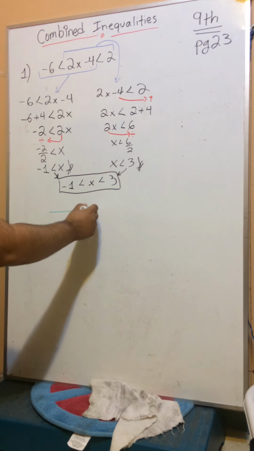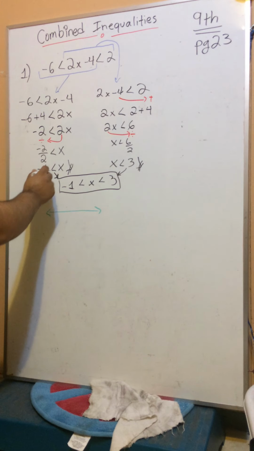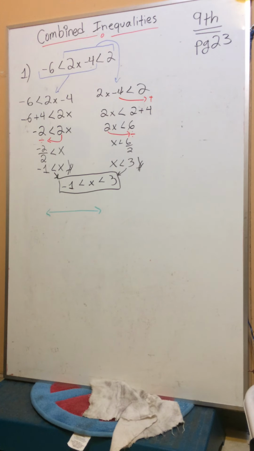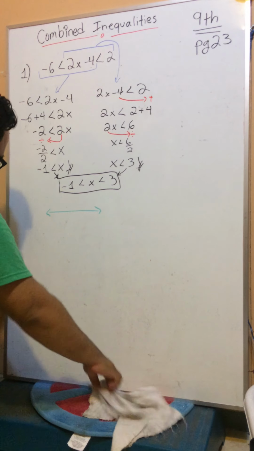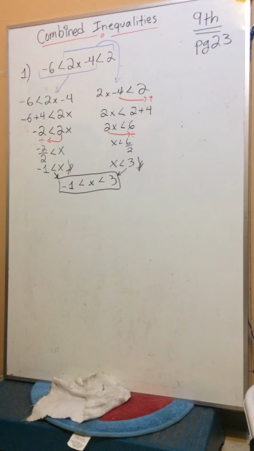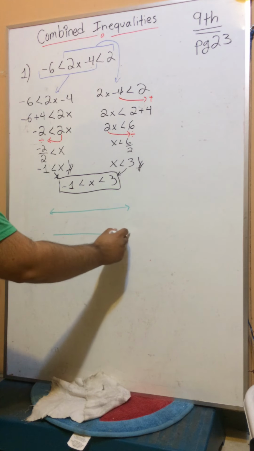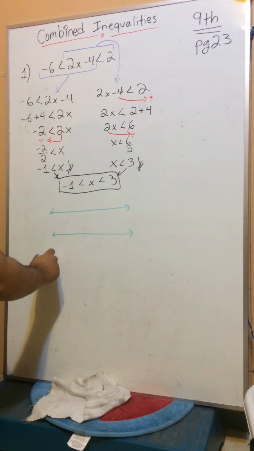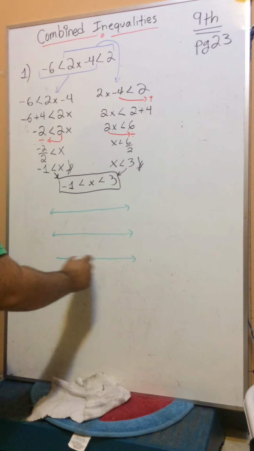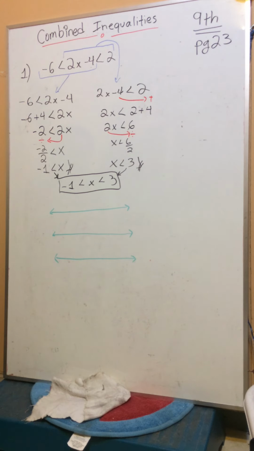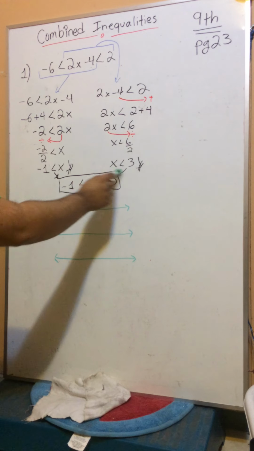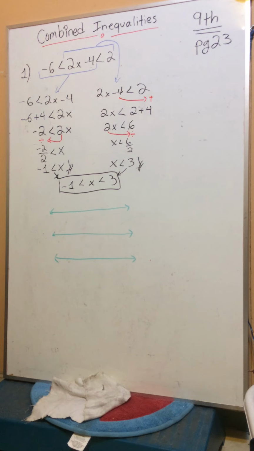So we have the first number line. Let's do it a little bit bigger. We're going to have 3 number lines, you'll see why. We have this number line, and the number line together.